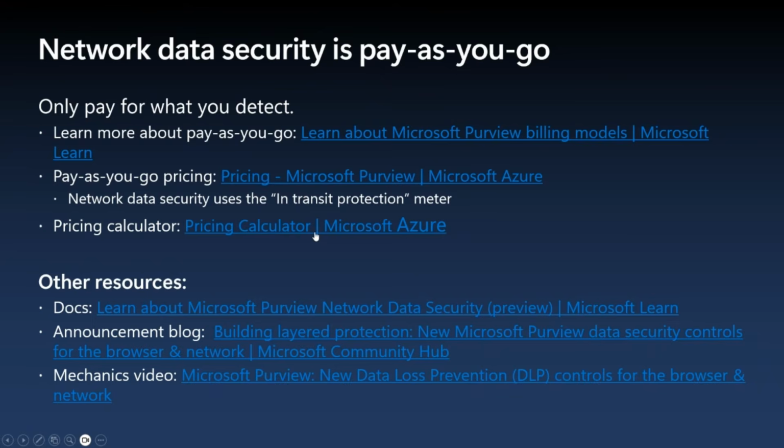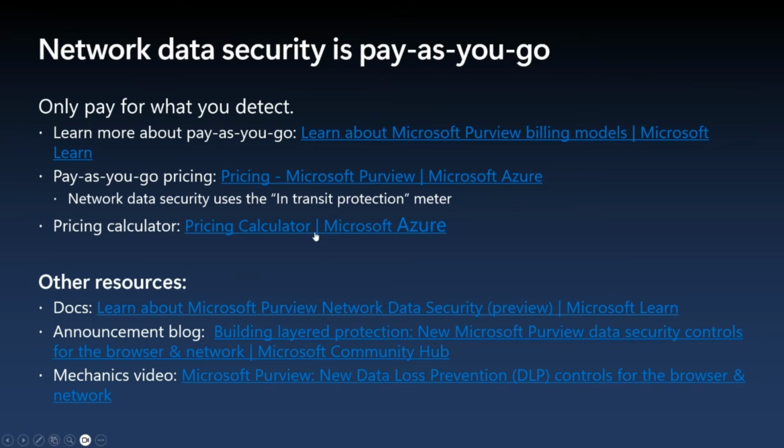I'm not sure, do you have any tips, Brendon, that organizations should take from this? No, I think the main thing that we want to highlight here is that we're trying to make it super flexible so that you can basically only pay for what you need.